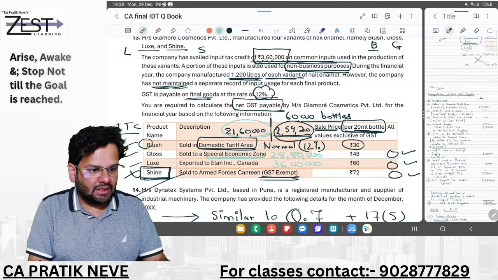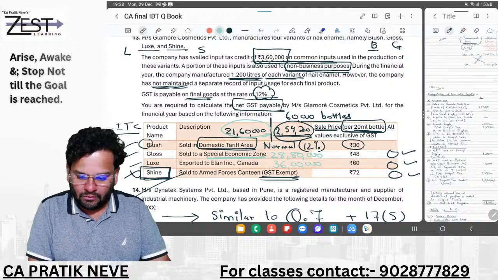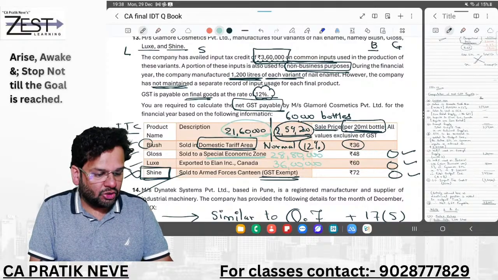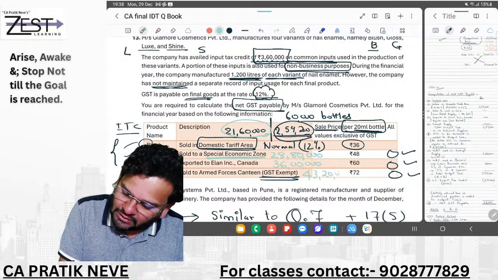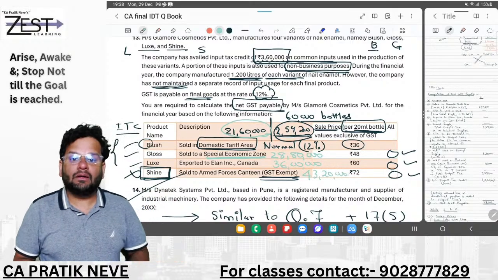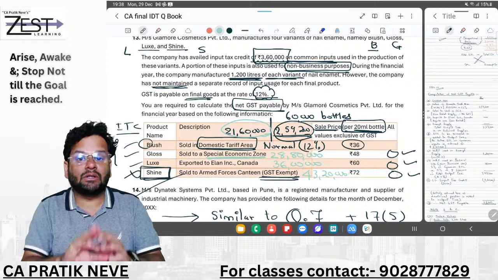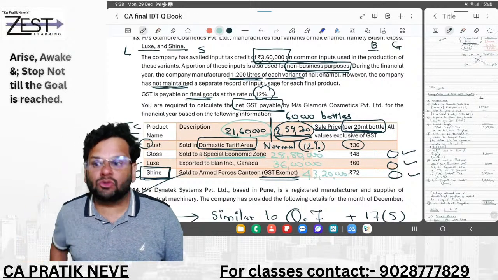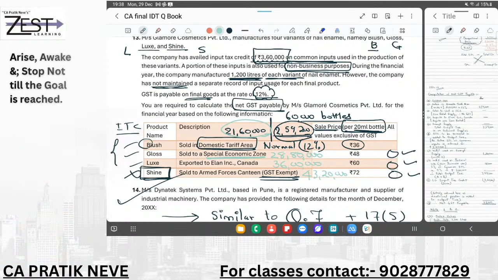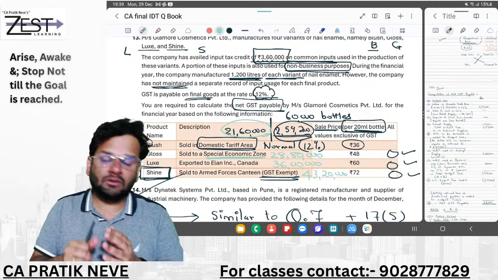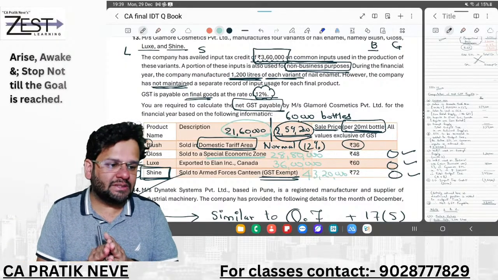Now 60,000 bottles into 72. Are you getting 43 lakh 20,000? Take on your calci the total. That will be the total turnover. What's the total turnover that you are getting?